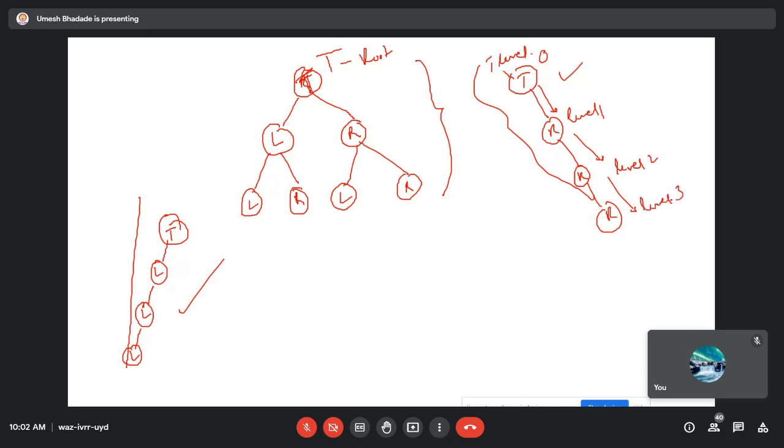The level goes on increasing as it moves downwards. The level of the root node will always be 0, and it will go on increasing from root to bottom. That is what we call level.